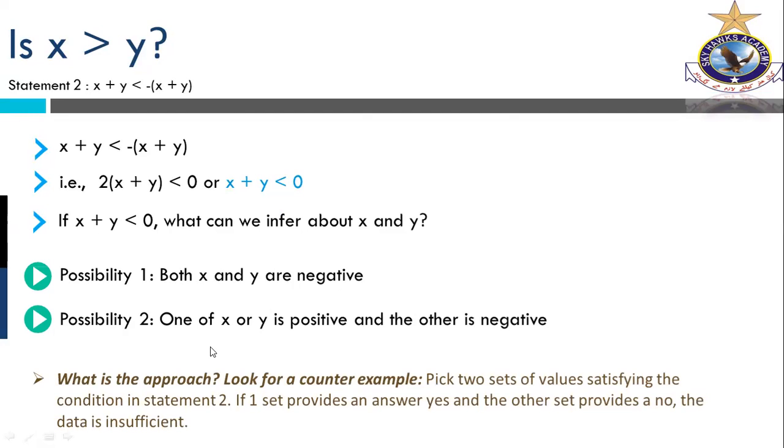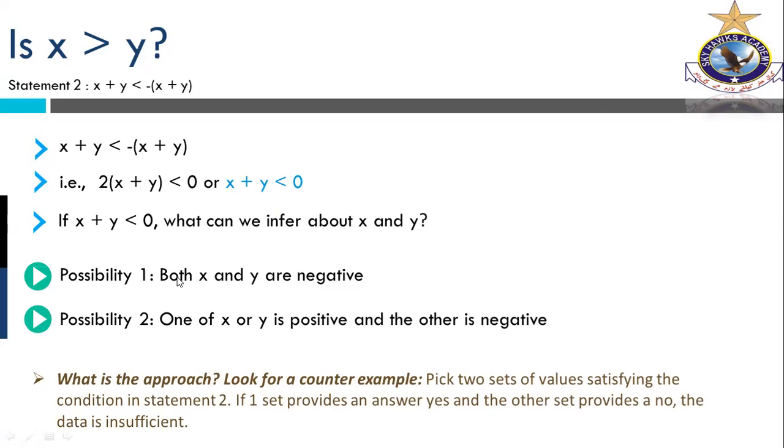Look at this, if we are just thinking about the two possibilities that both are negative, then we are adding negative numbers. So definitely we'll get the negative value.